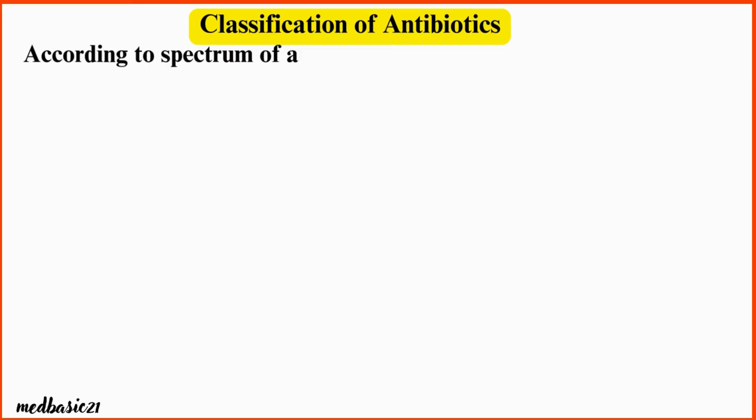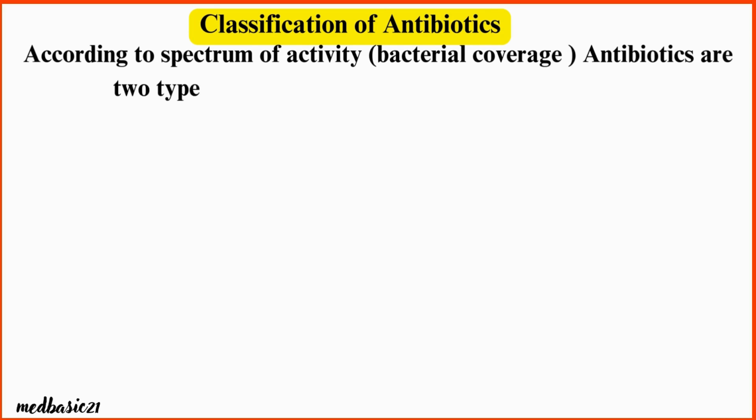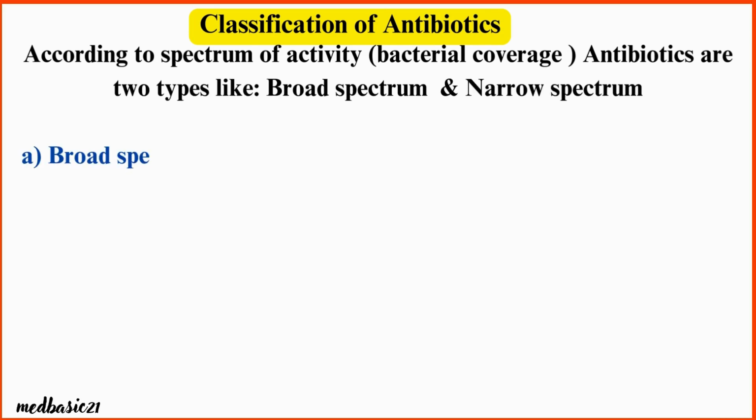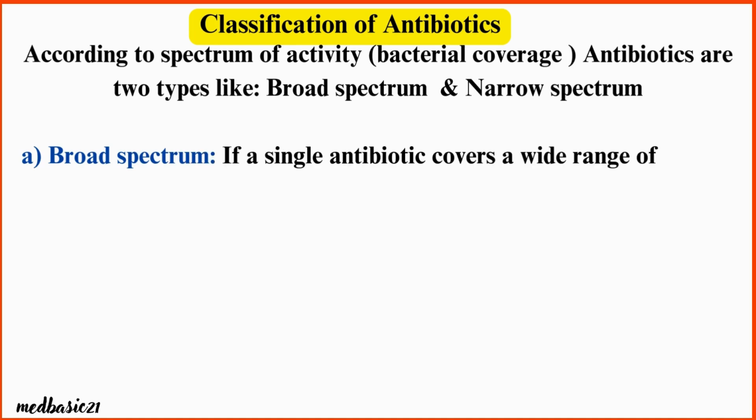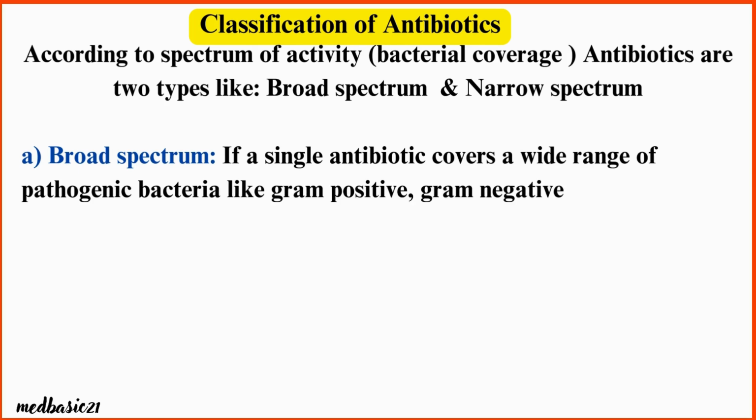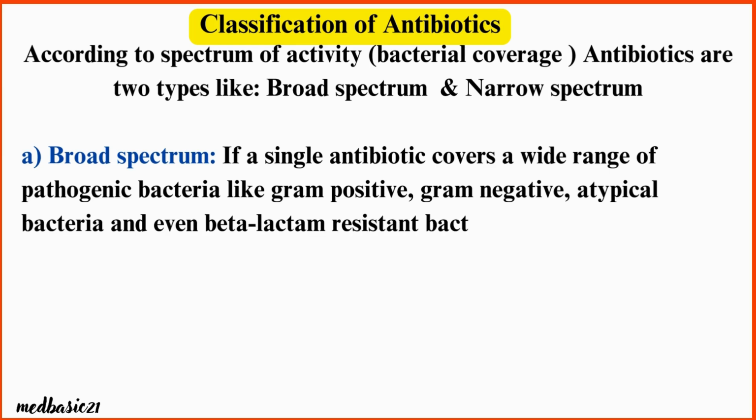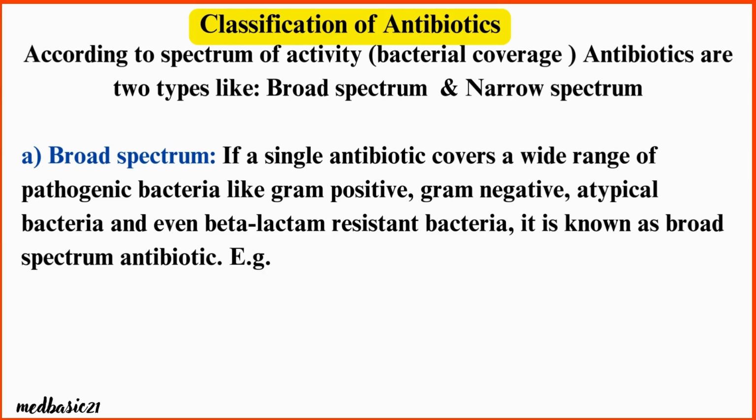According to spectrum of activity, bacterial coverage, antibiotics are two types like broad spectrum and narrow spectrum. A. Broad spectrum. If a single antibiotic covers a wide range of pathogenic bacteria like gram-positive, gram-negative, atypical bacteria and even beta-lactam-resistant bacteria, it is known as broad-spectrum antibiotic.